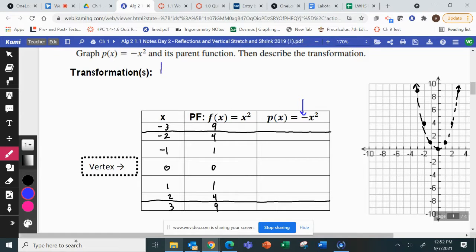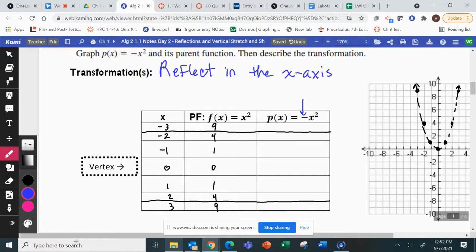Reflect, yes. So we're going to say reflect, and then I'm going to change one of your words. Reflect, yeah, in the x-axis. And I know it sounds so weird because we don't talk that way, but that's how it's written in math. Reflect over the x-axis is the same as writing reflect in the x-axis, and that's the way that it's phrased.